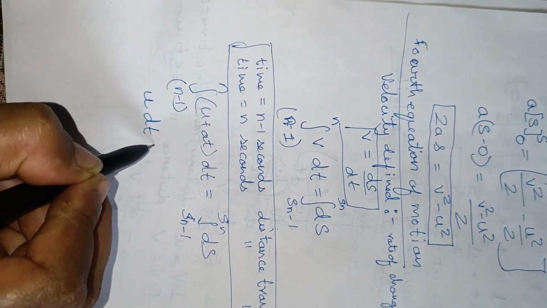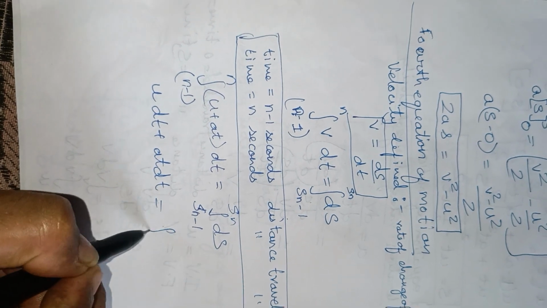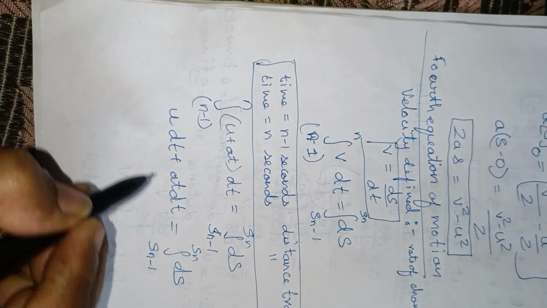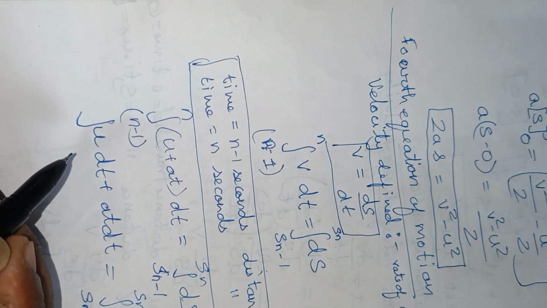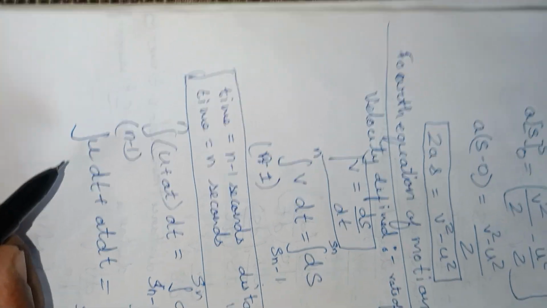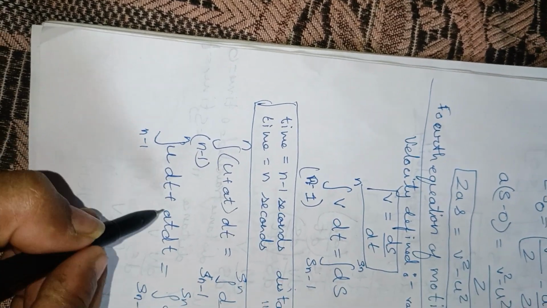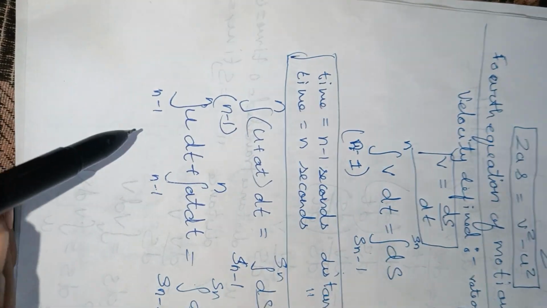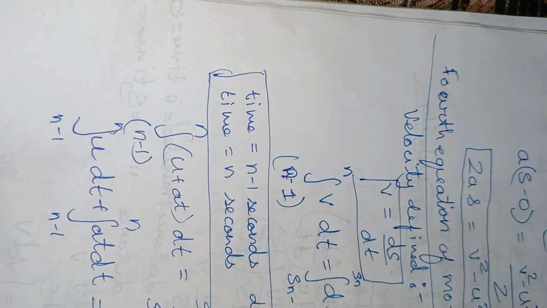U dt plus a t dt is equal to the integration extended from s n minus 1 to s n of ds. Now we have to integrate still more values, that is from n minus 1 to n, and here also we have to apply n minus 1 to n. So if I integrate u dt, what will be the term I will get there?